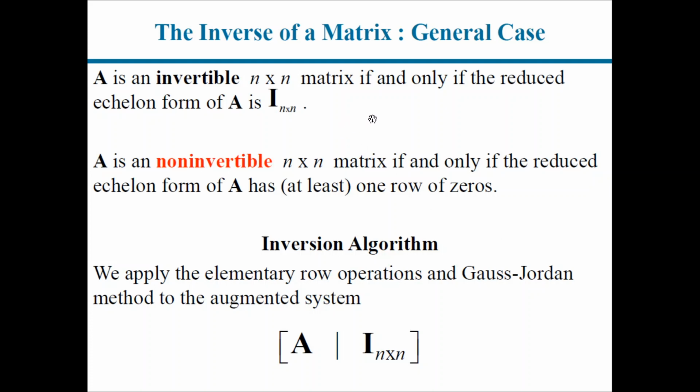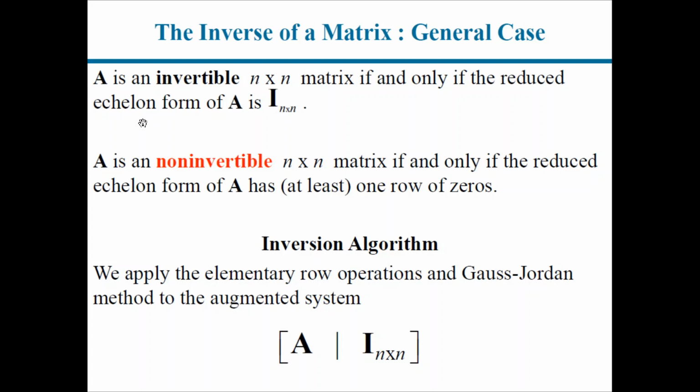So a very important result is this one here. If we have an n by n matrix, that matrix is invertible if and only if its reduced echelon form is identity. So let's say I have a 5 by 5 matrix, and that matrix will be invertible if and only if the reduced echelon form of that matrix is identity 5 by 5.